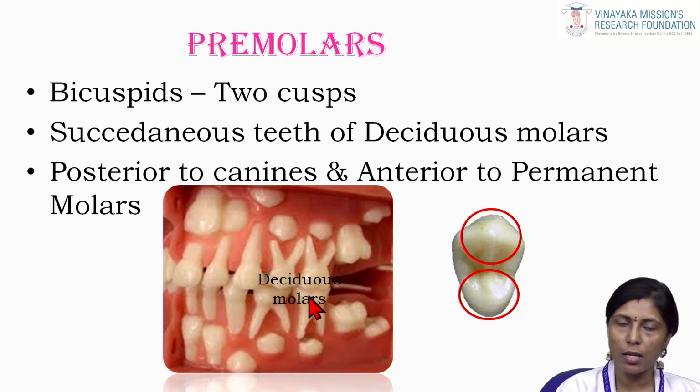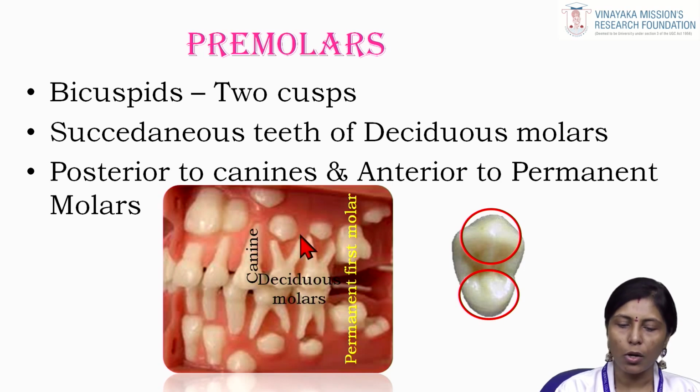Once deciduous molars shed, there is eruption of premolars, and premolars will be located posterior to the canine. This is the deciduous canine. Posterior to the canine, this is the permanent canine. Posterior to canine, anterior to the permanent molars.